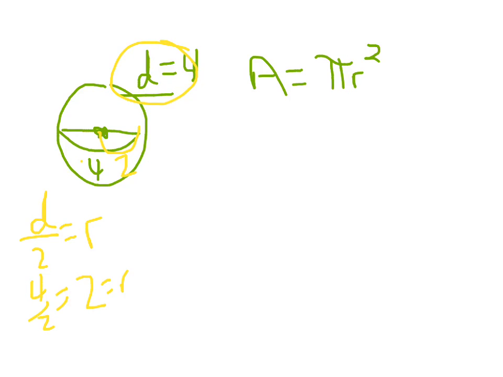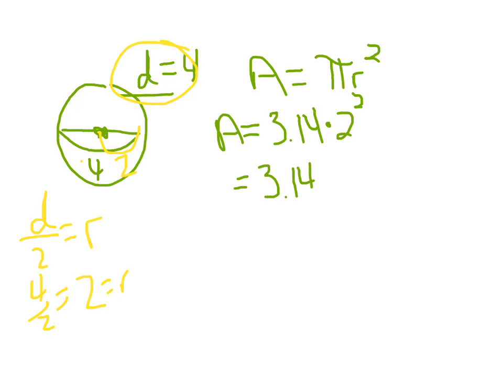So I go back here, I got my formula. Area equals pi r squared. Remember, I'm going to use 3.14 times 2 squared. My calculator does not have the squared button, so when I type it into my calculator, I'm going to go 3.14 times, remember, squared means take this number and times it by itself 2 times.